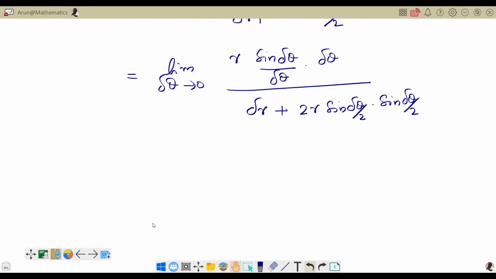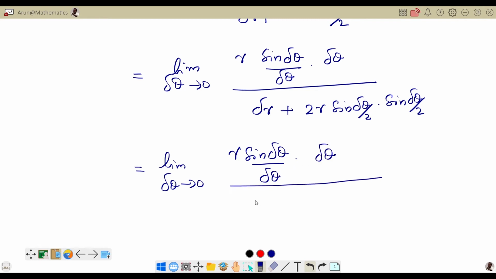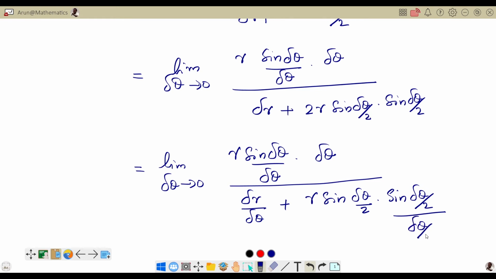So this is equal to limit delta theta tends to 0 of r sine delta theta divided by delta theta into delta theta, divided by delta r divided by delta theta plus r sine delta theta by 2 into sine delta theta by 2 divided by delta theta by 2, into delta theta.